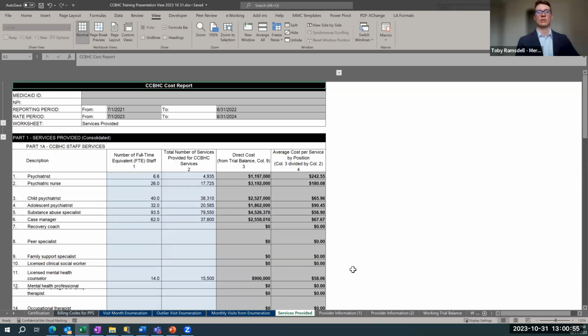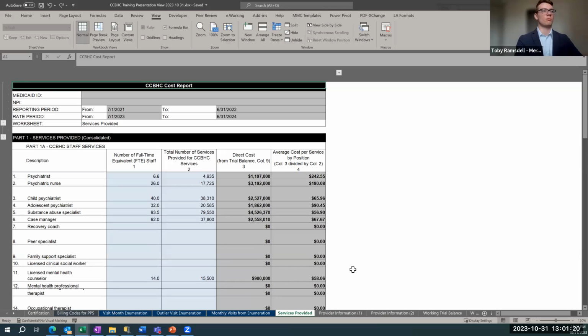That's because a patient may receive more than one service per encounter, and a patient may be seen 2, 3, 4, even up to as many days as there are in that month if needed. So the number of services provided will be greater than the number of monthly visits.